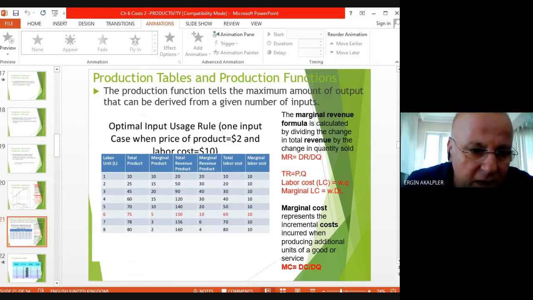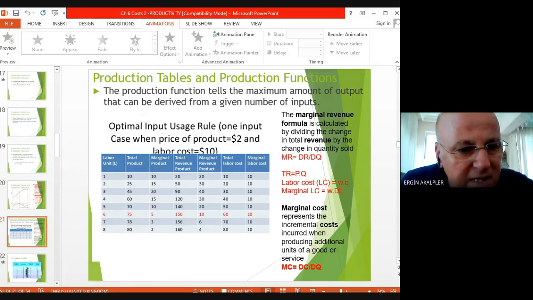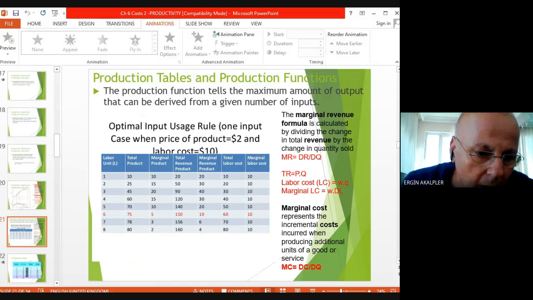As you are observing here, the labor units are given as 1, 2, 3, 4, 5, 6, 7, and total product is given here as 10, 25, 45, 60, 70, 75, and 78. It goes like this. As you are observing, as much as you are increasing the amount of labor, the contribution of this is not as it is expected.